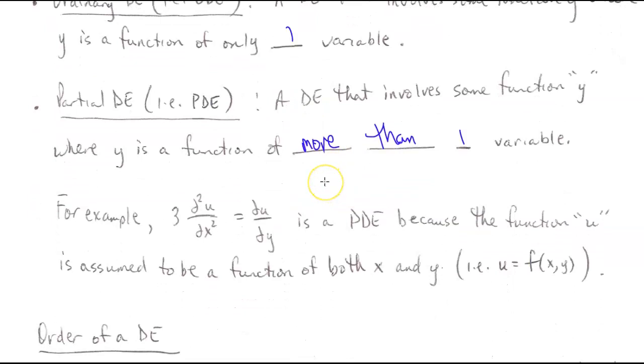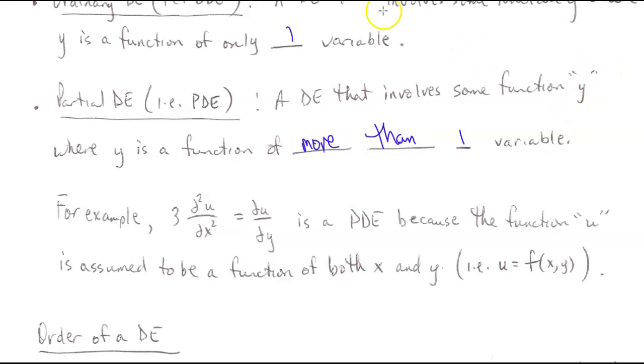Some of you may not have learned about partial differential equations and partial derivatives yet, and that's fine. Just know that whenever you take a partial derivative of a function of two or more variables, you take the derivative of that expression where every variable that's not the one you're differentiating with respect to is treated as a constant.